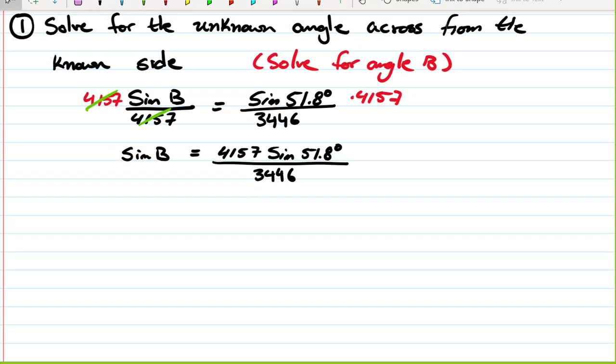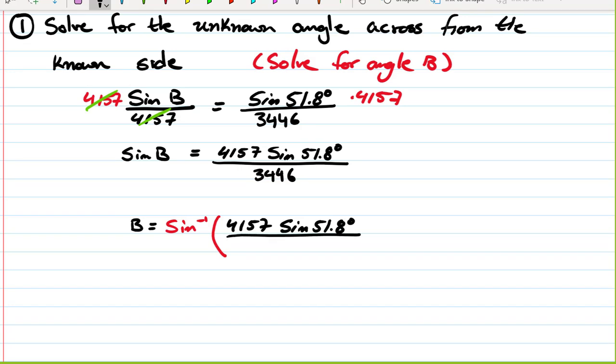So now, finally, the last thing we need to do is take the inverse sine of both sides. And that gives us the inverse sine of 4157 times the sine of 51.8 degrees all over 3446. So we need to solve this equation.